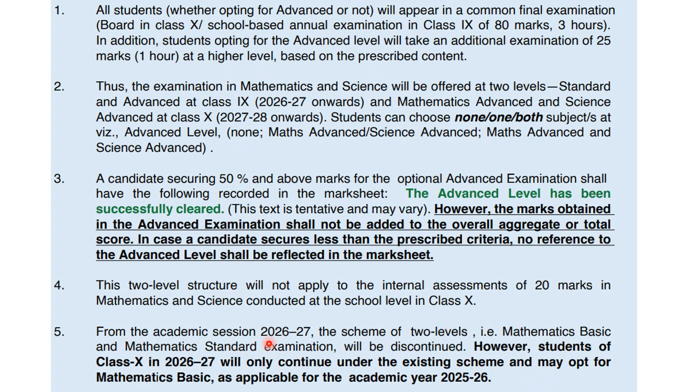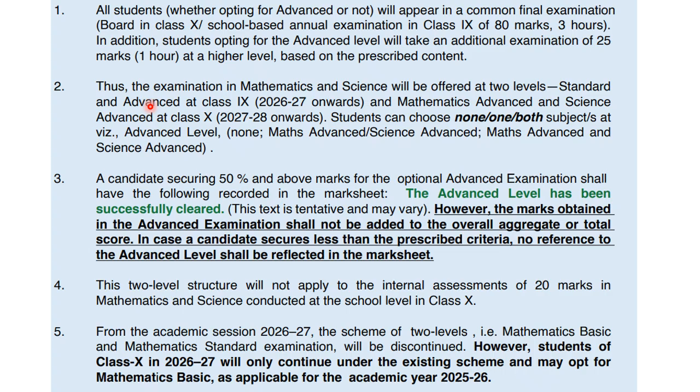From the academic year 2026-27, the scheme of two levels, that is mathematics basics and mathematics standard examination, will be discontinued. That is why they are introducing this advanced maths. Understand? So everybody will write the standard exam.